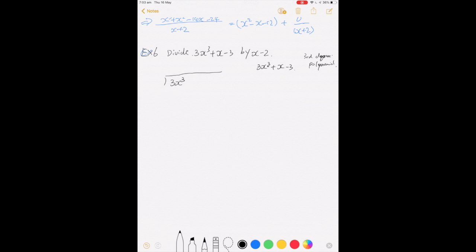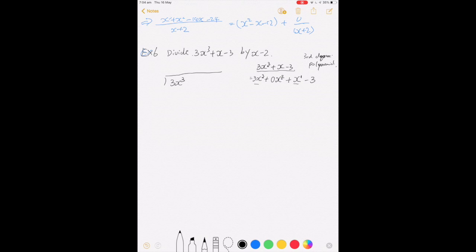For example, this one should be 3x cubed. We don't have the x squared term, so you have to add it even though we don't have it. We can add 0x squared, because 0 times x squared is 0. Then you have x to the power of 1, and then your constant term.